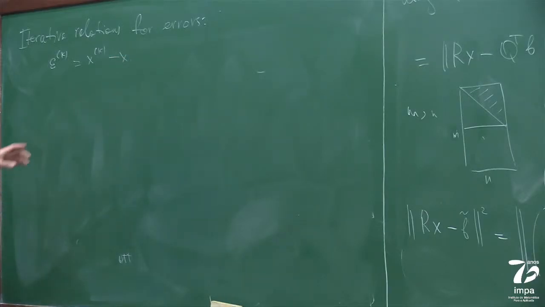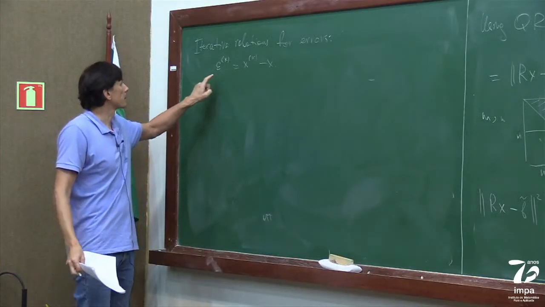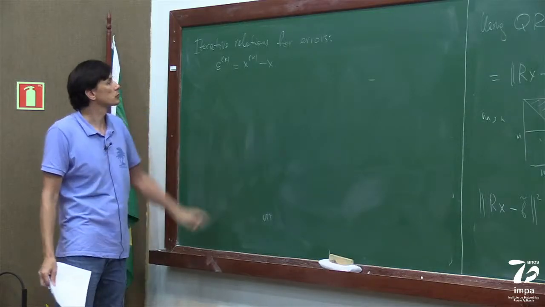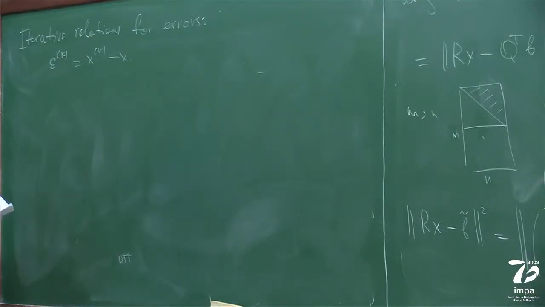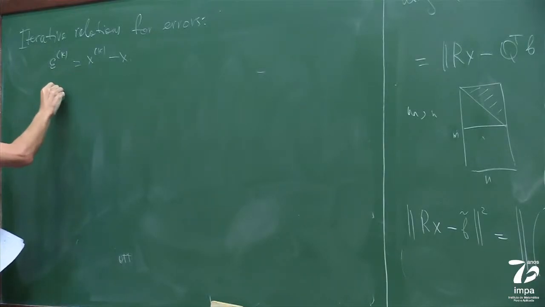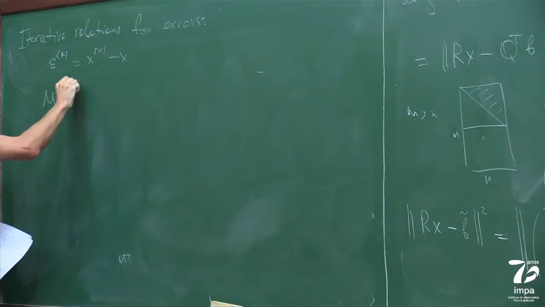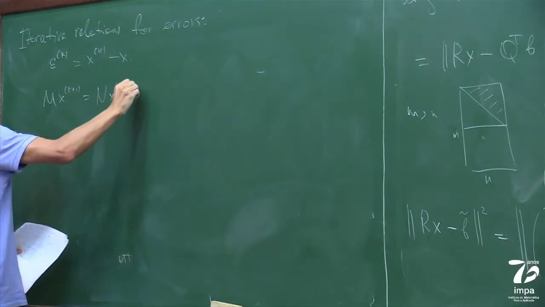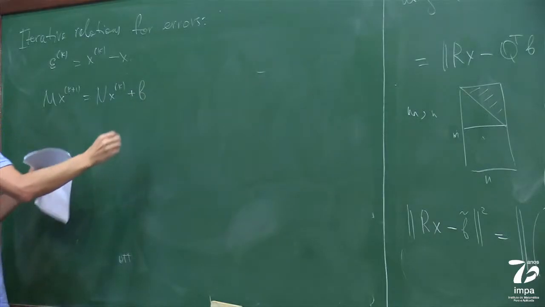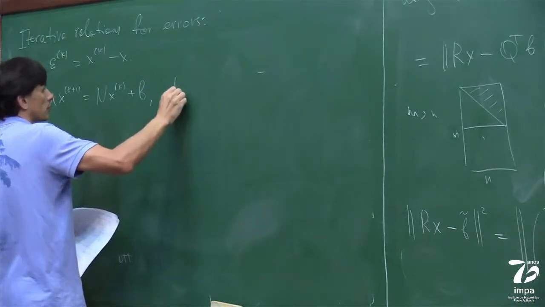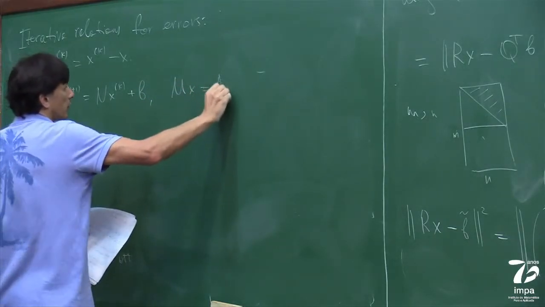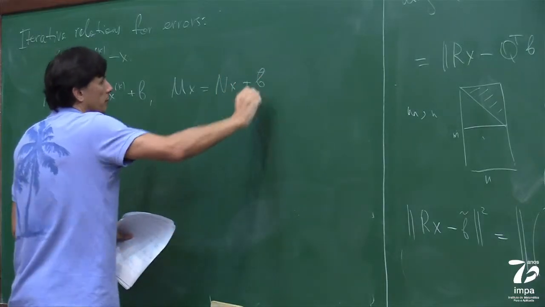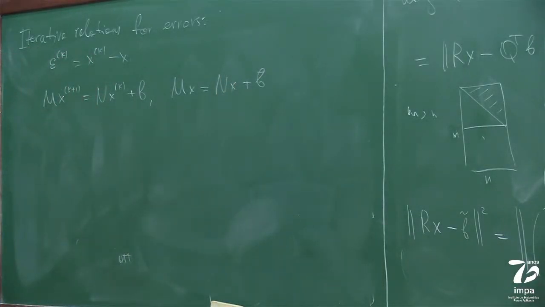So epsilon k will be essentially the error of the approximation, and x is the exact solution. What we know is that xk satisfies this iterative relation, and x satisfies the same relation, but in the exact form, with the same x.